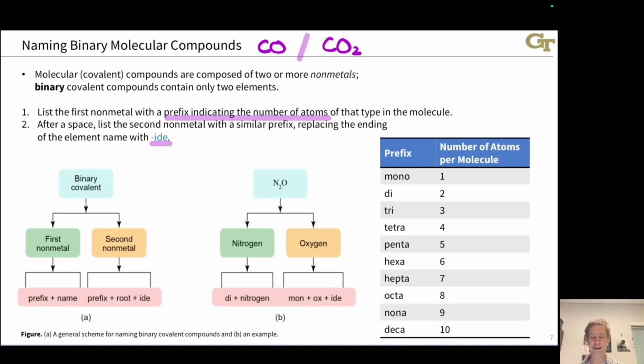So for example, in N2O, instead of just dinitrogen oxygen, oxygen becomes oxide or monoxide, since the oxygen in N2O is the more negatively charged of the two elements in the compound, and we want the "ide" suffix to point us in that direction. So this example compound here is dinitrogen, since there are two nitrogens in the molecule, monoxide, the mon referring to one oxygen, and oxide referring to the oxygen here.